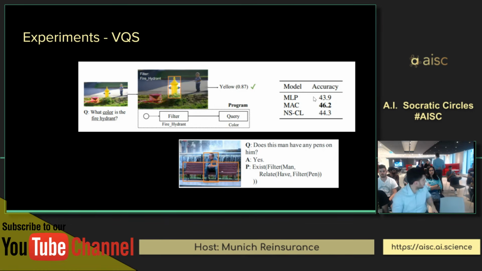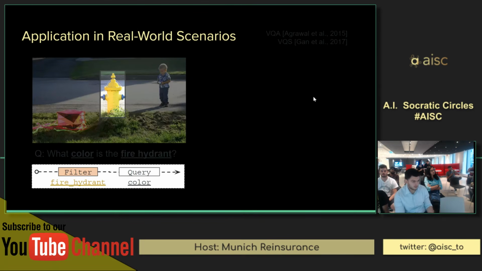And where does that parser come from? Is it pre-trained? Yes, pre-trained. So that's already more complex, right? Yes, so that error could propagate into their downstream model.